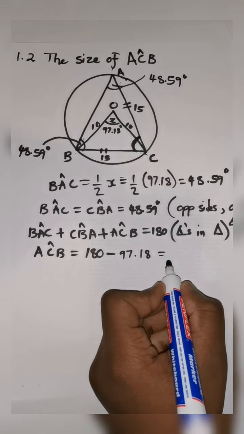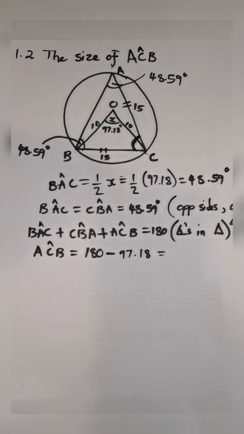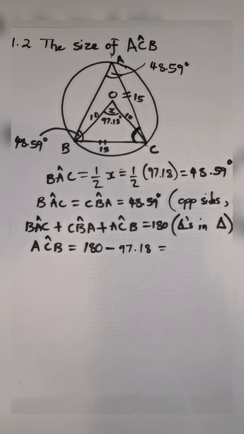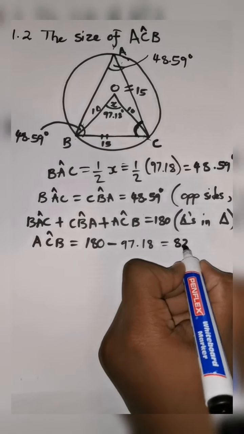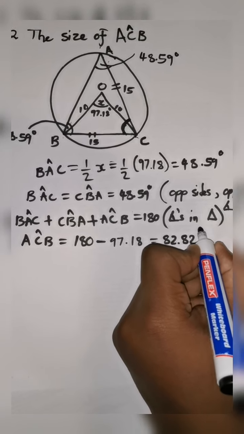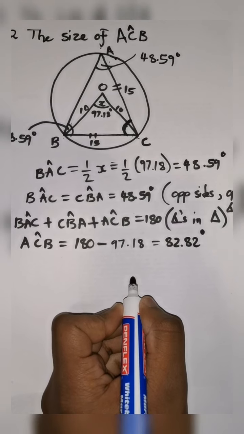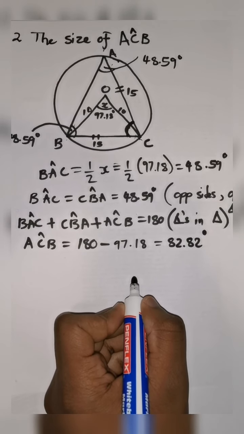Subtracting 97.18 from 180 gives us 82.82 degrees. So that's our size of ACB.